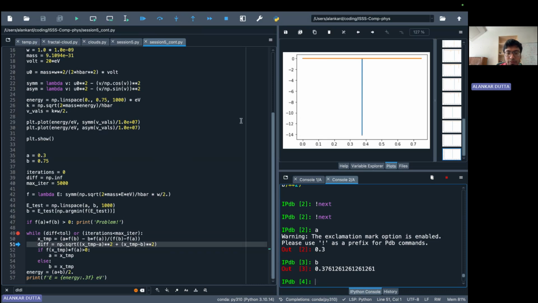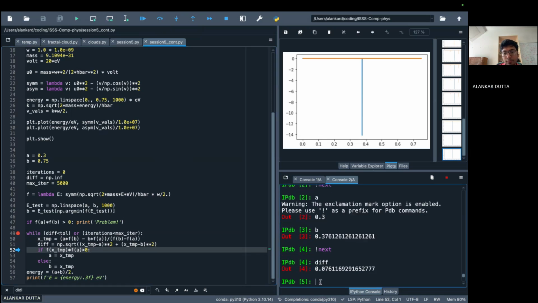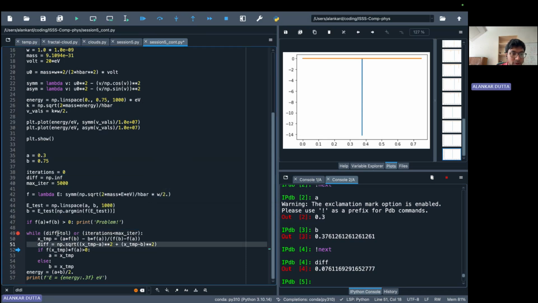So that was the idea, right? So we come in here. Let's see the diff. Diff is 0.07. So, sorry, while diff is greater than tolerance, then we do the iterations when the difference is greater than the tolerance.